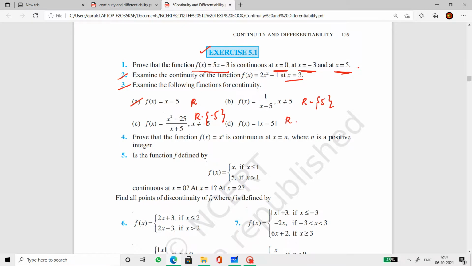So I'd like to do it for B1 and show you. F of x is equal to 1 by x minus 5. So the domain of f is what? All real numbers except 5. Hope you all know the reason why we omit 5, right? Now, let a be any arbitrary element that belongs to the domain of the function.